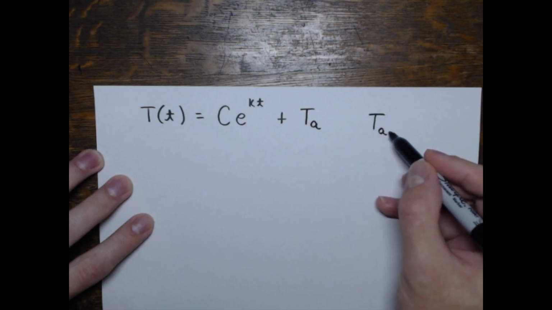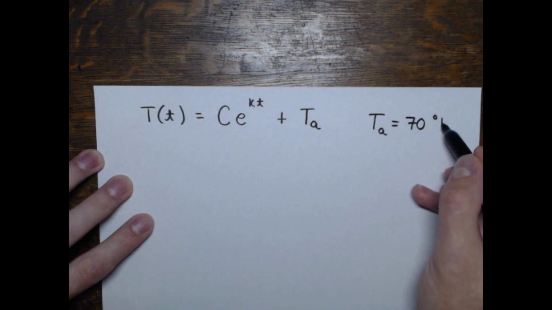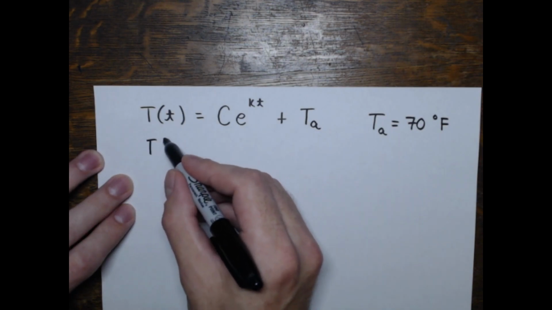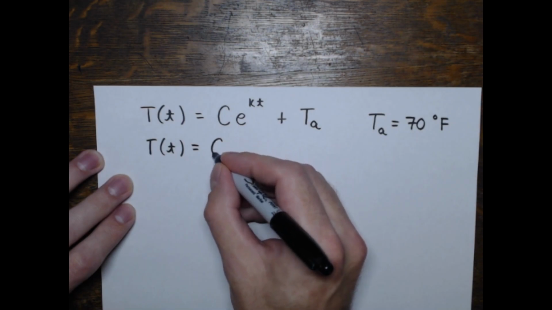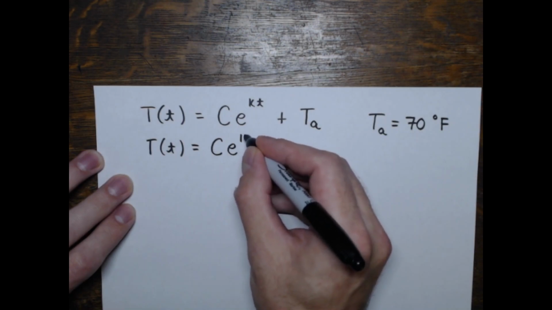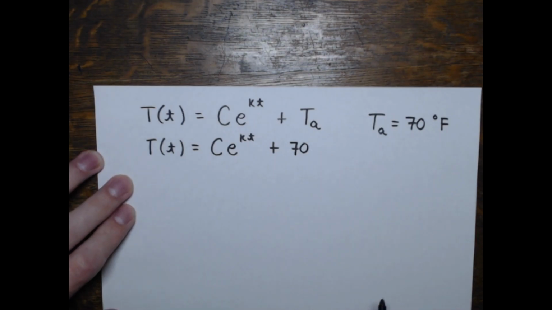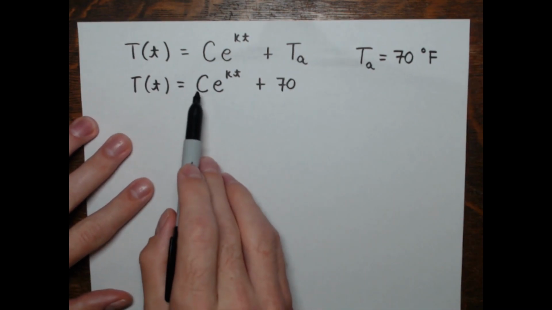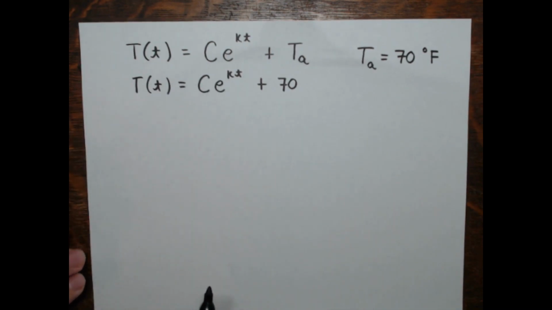The temperature of the atmosphere is the temperature of the kitchen, and they told us this was 70 degrees Fahrenheit, so I'm using 70 here. So we have the temperature of the cake after t minutes: some constant times e to the kt plus 70. I'll take one little piece of information at a time. We'll find the C, we'll find the k, and then we can answer their question.